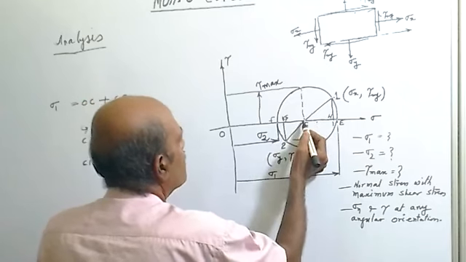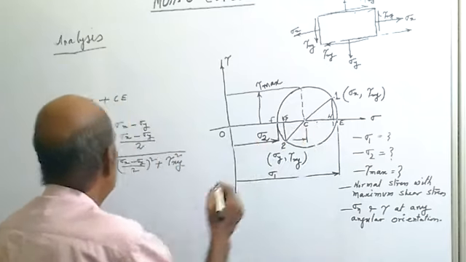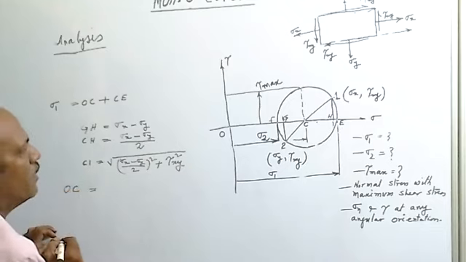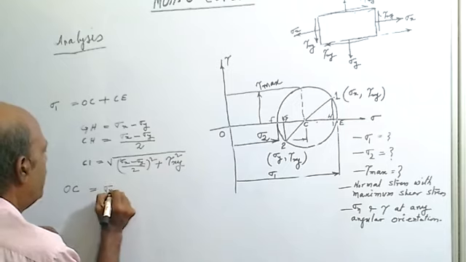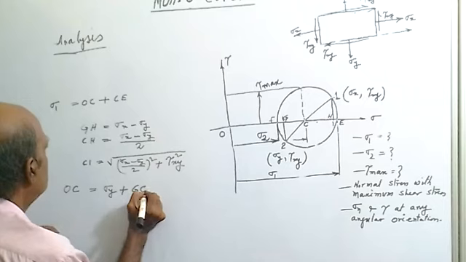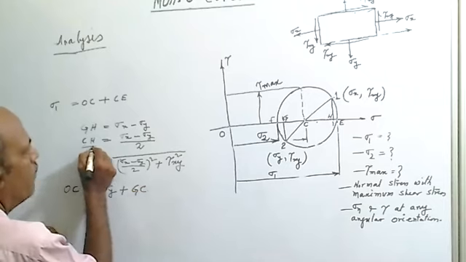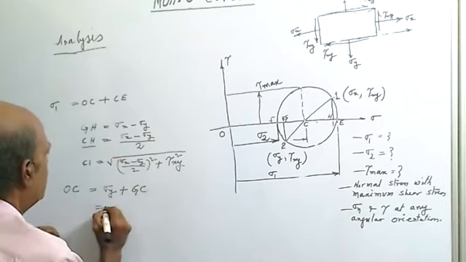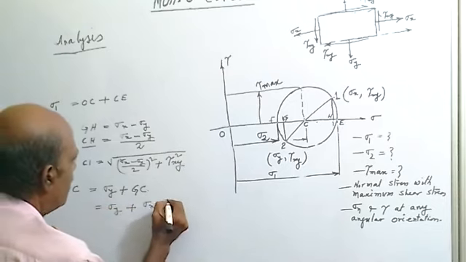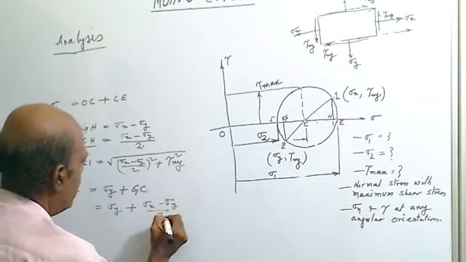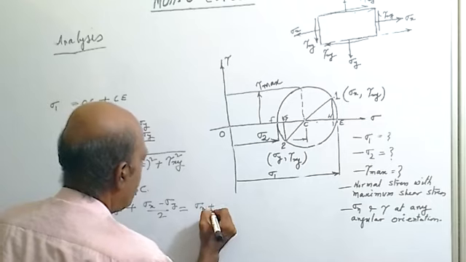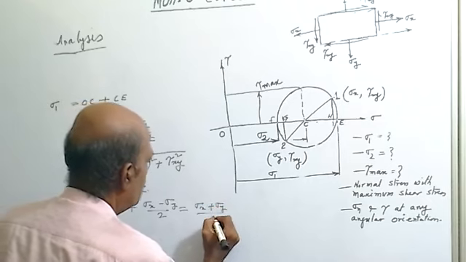Now we have the O to C value. O to C will be equal to sigma y plus GC. GC and CH are the same, so we can write sigma y plus (sigma x minus sigma y) by 2, which is equal to sigma x plus sigma y by 2.